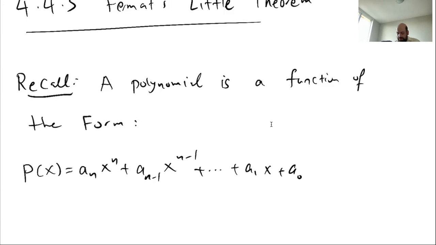In number theory, polynomials with coefficients chosen from the set Zp equals 0, 1, 2 to p minus 1.